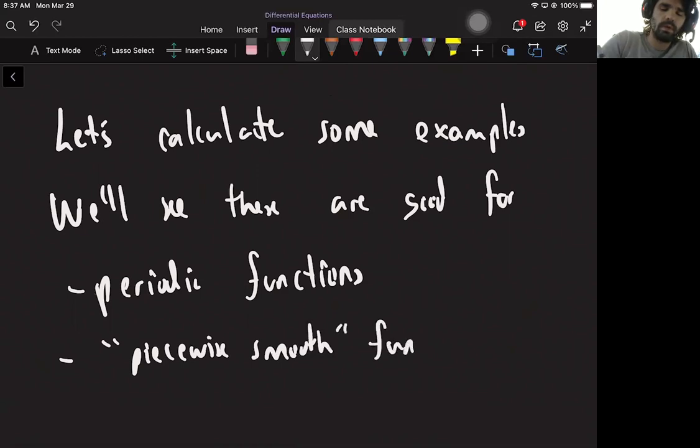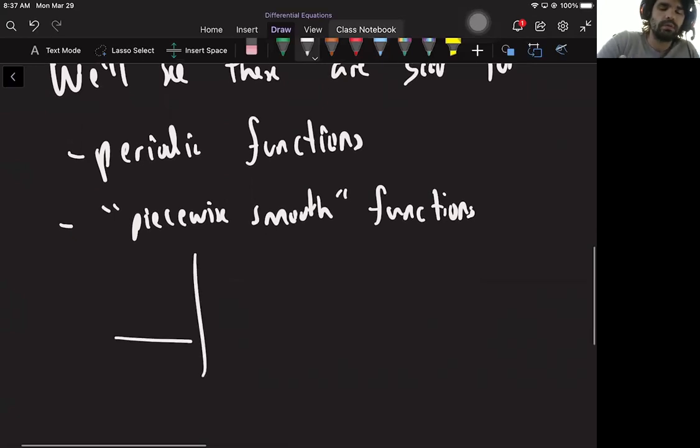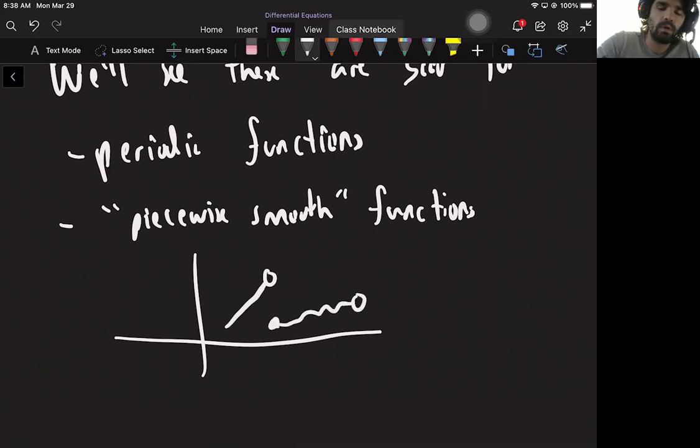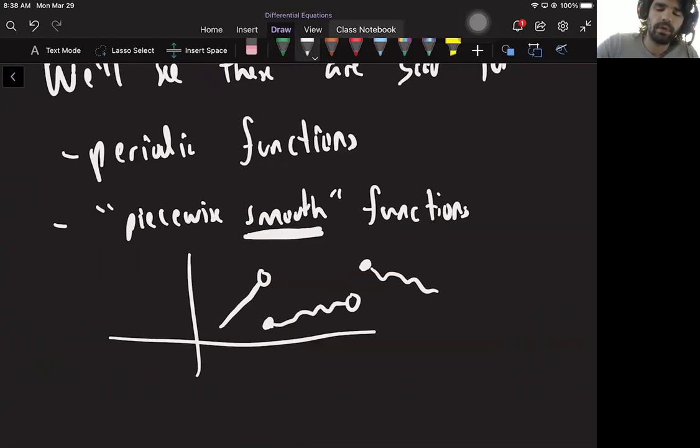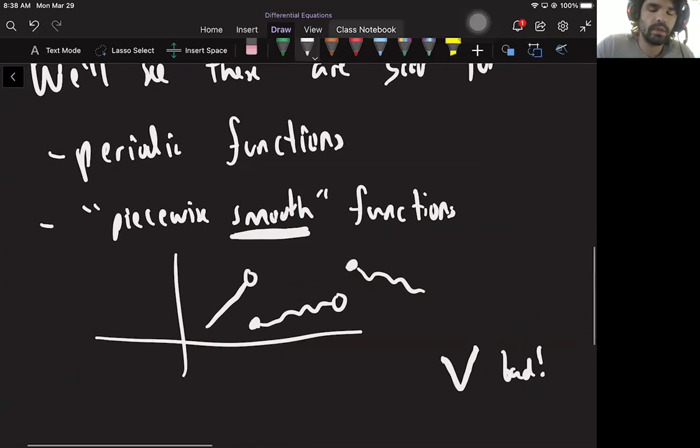You may not know what that means, but the intuitive idea is you can have lots of pieces of a function that jump around, stuff like that. And the smooth part means not too pointy, so it has nice derivatives. You don't want things like sharp corners, that would be bad. But if it doesn't have that, then it's pretty good.